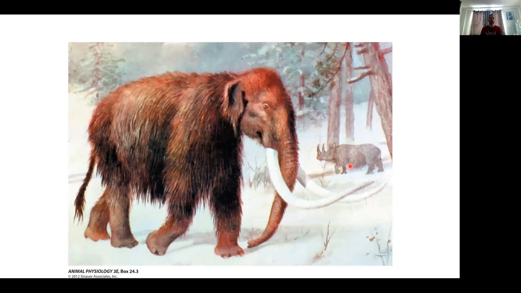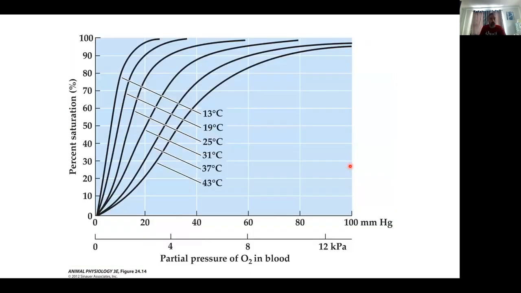Now, imagine, if you will, our poor woolly mammoth, or our woolly rhino in the background there. Imagine our poor woolly mammoth's feet. Its feet are probably pretty cold, walked around in the snow all day, right? And in fact, we can get to a point where maybe the temperature of the foot is so cold that we're way over here.